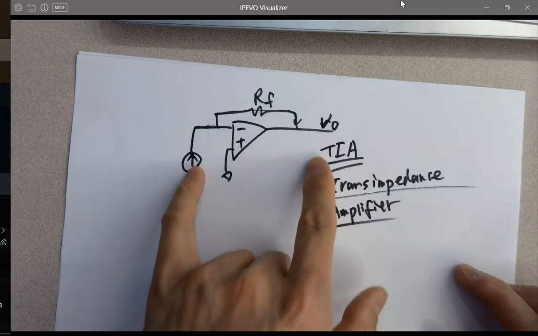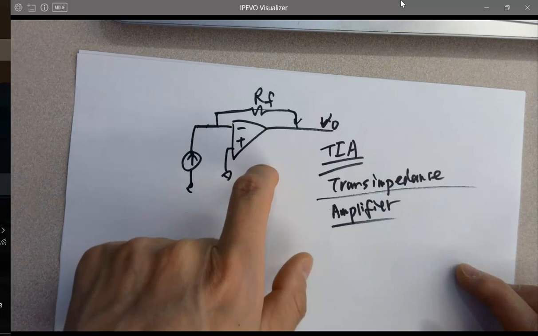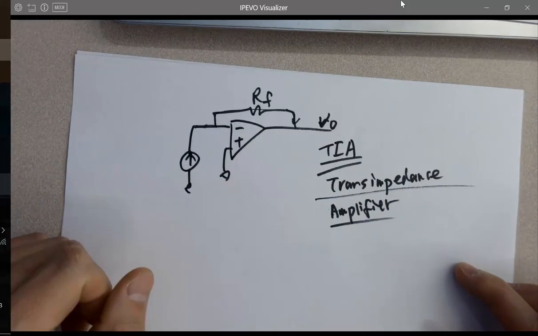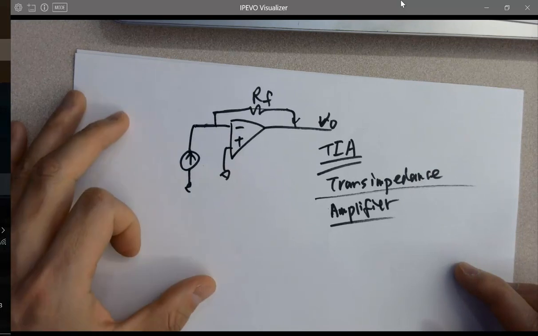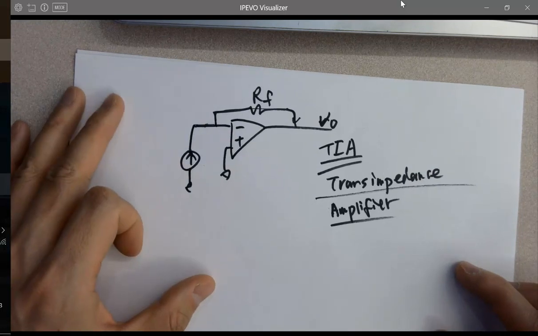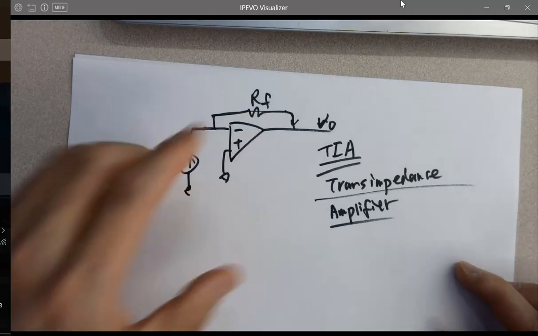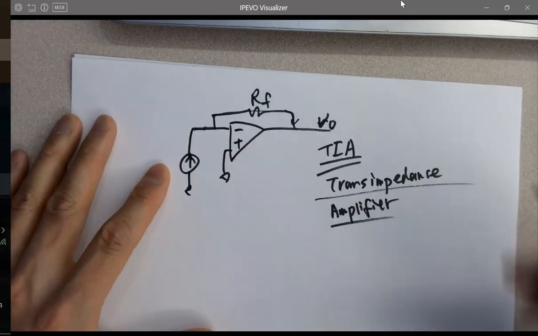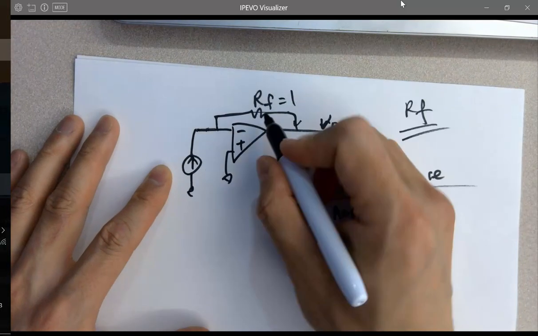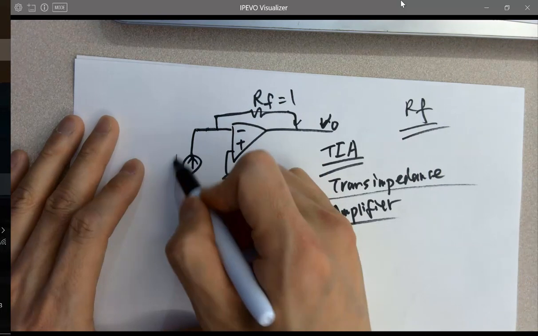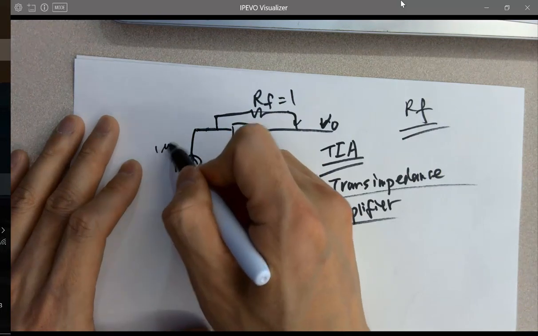So if someone asks you, what's the gain of this TIA? You don't have anything here. What's the gain of this RF? I told you, it's going to be RF. The gain is RF. Usually the resistor here will be huge, since the photocurrent is tiny, like 1 microamp.